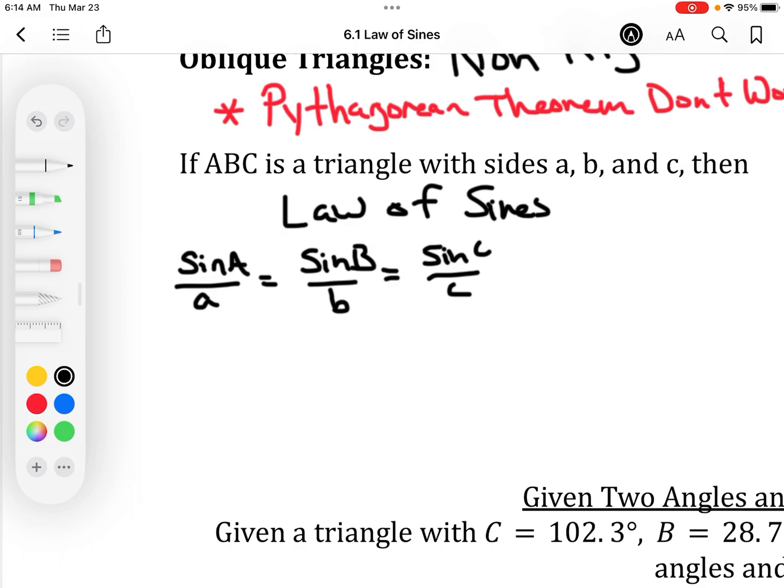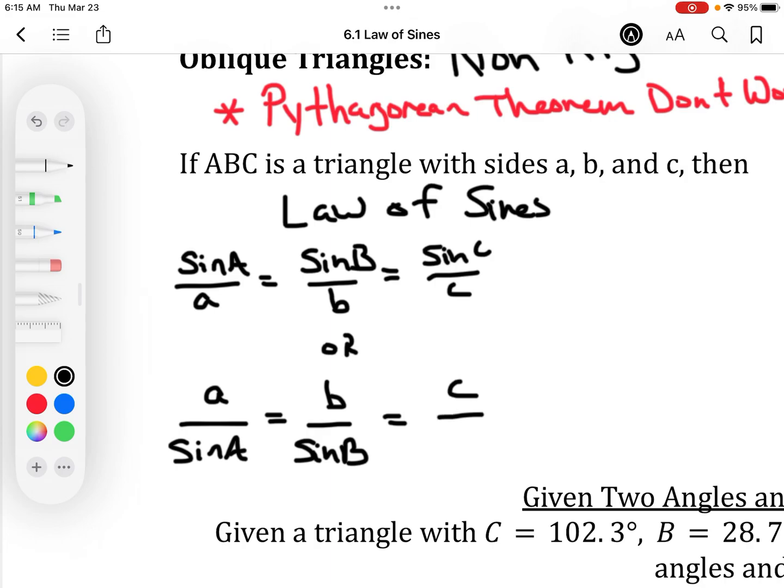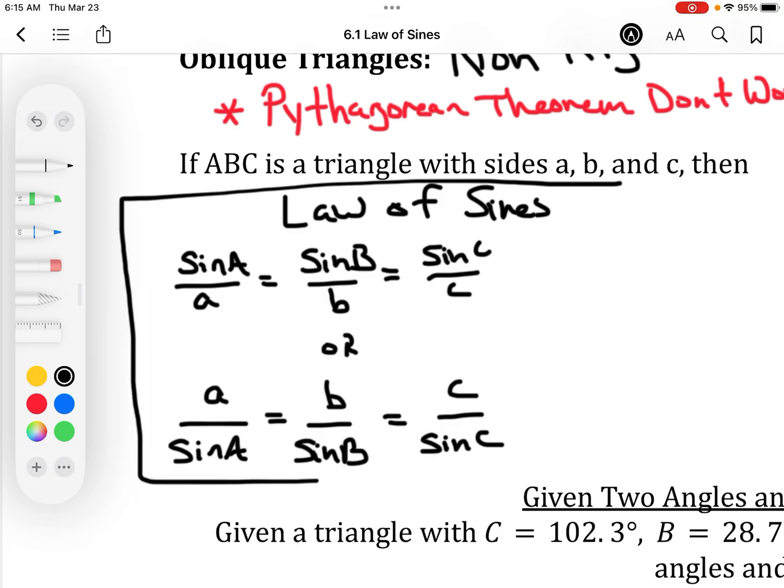If we flip all of these, the reciprocals are true as well. So I'm going to put an or. a is to the sine of A as b is to the sine of B, as c is to the sine of C. So here's our law of sines.